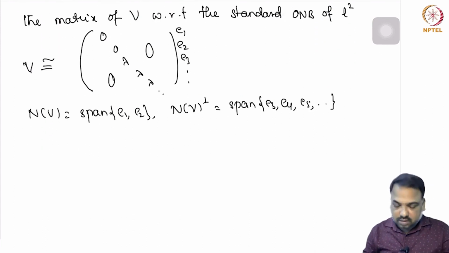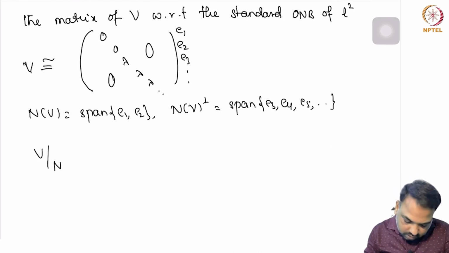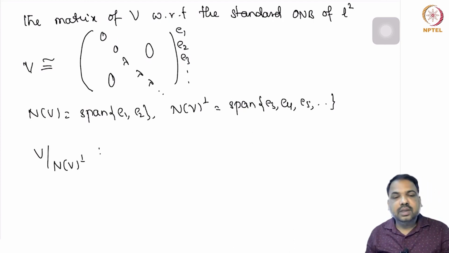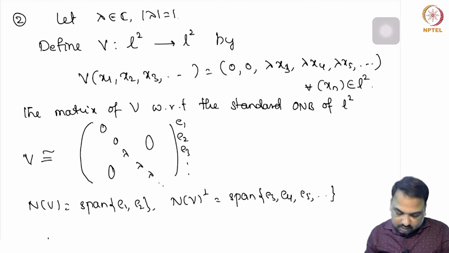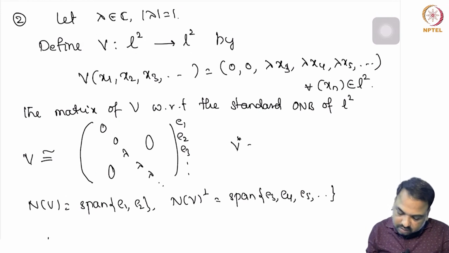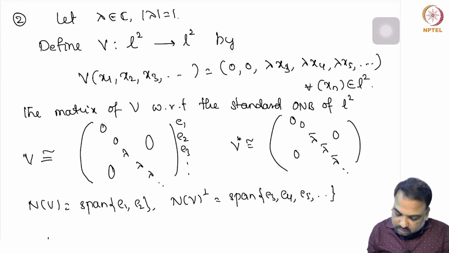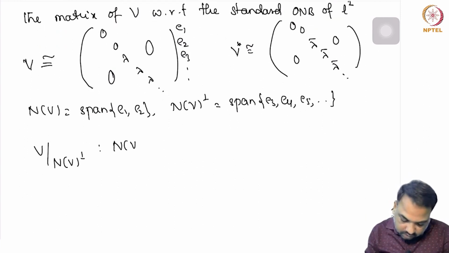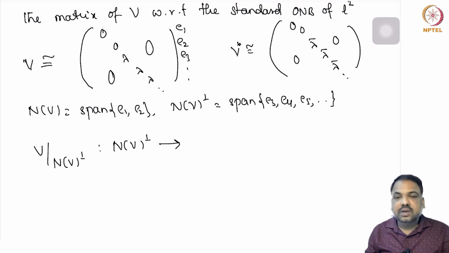Okay. Now V restricted to the null space of V perp. Now it's a map from the null space of V perp into the range of V. The matrix of V star with respect to the same standard ordered basis is 0, 0, lambda bar, lambda bar. So we can say that V restricted to the null space of V perp is a map from the null space of V perp into the range of V, but here we can show that it is also equal to the same space, the null space of V perp.